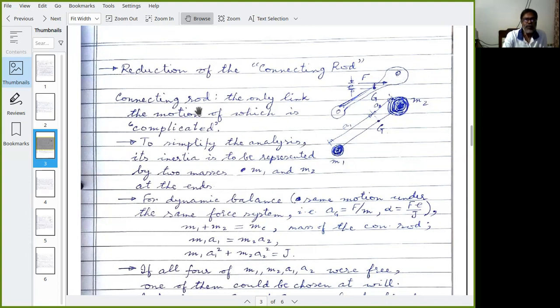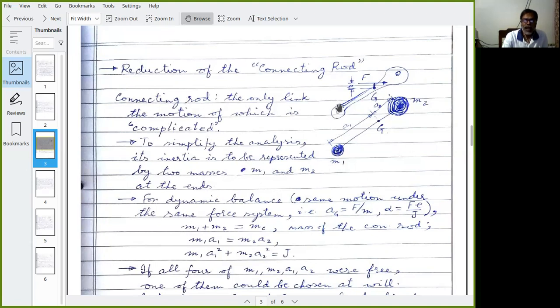So we reduce the connecting rod dynamically to a simpler inertial distribution which can be analyzed well. This simplifies the analysis. Its inertia we try to represent by two masses, M1 and M2, at the two ends.